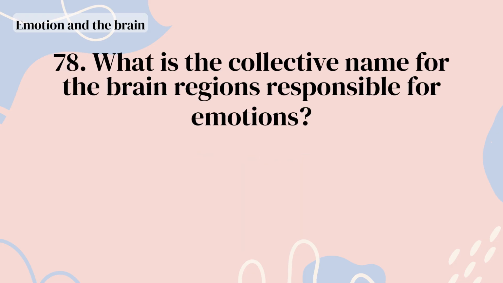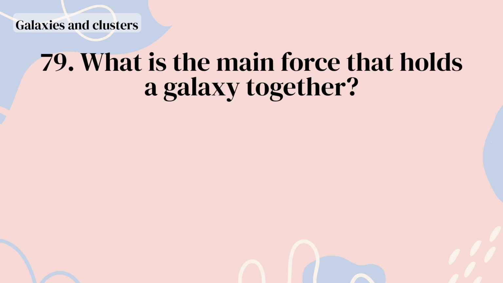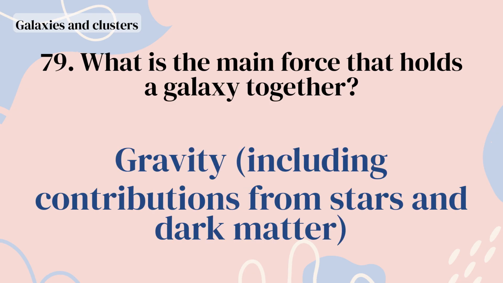What is the collective name for the brain regions responsible for emotions? The limbic system. What is the main force that holds a galaxy together? Gravity, including contributions from stars and dark matter.